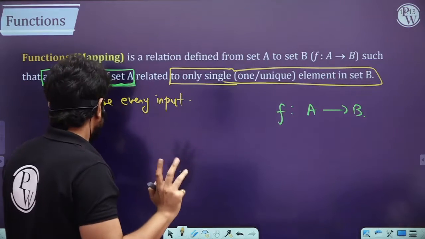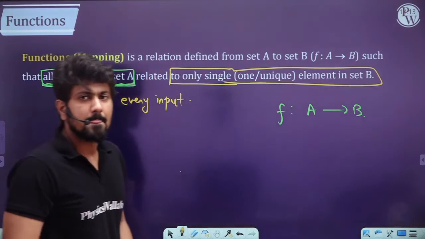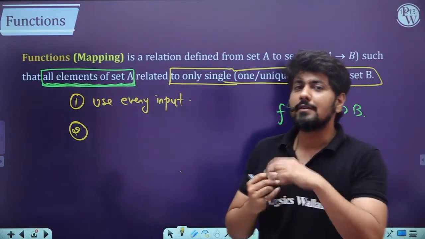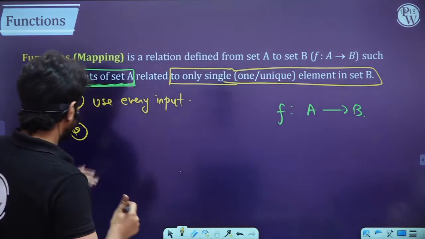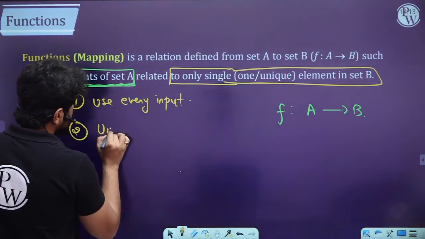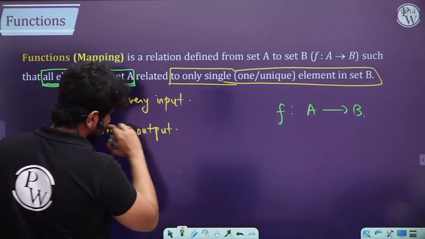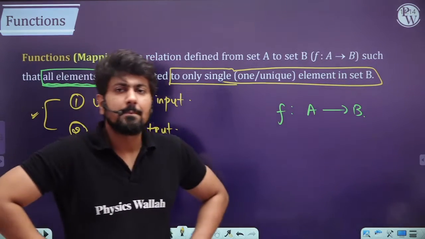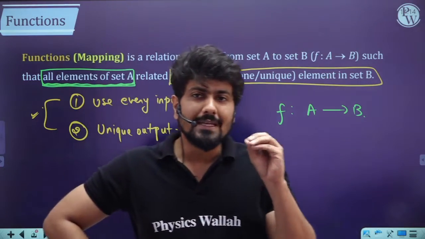There are only 2 conditions. The second condition is basically that there should be only a unique output. Use all the inputs, and the second condition is unique output. These are the only 2 conditions. That's it. We need to use all the elements of set A, and there will be a unique output.